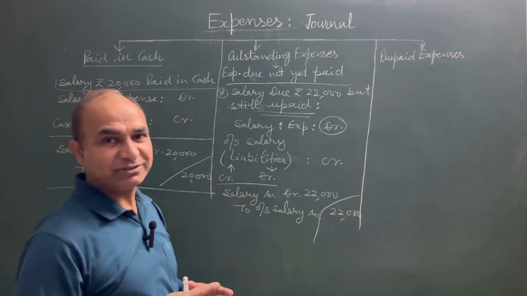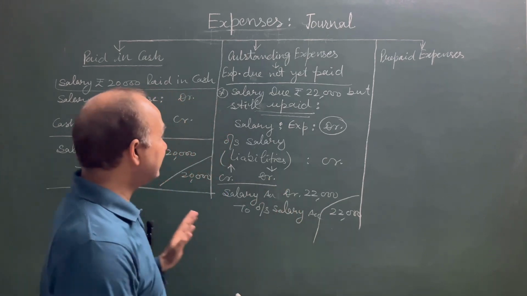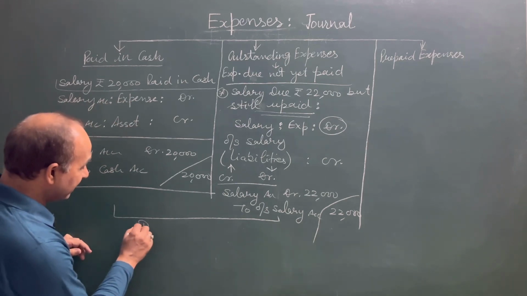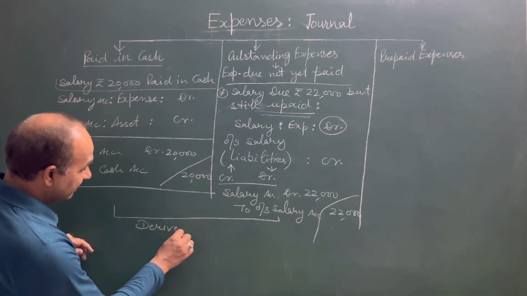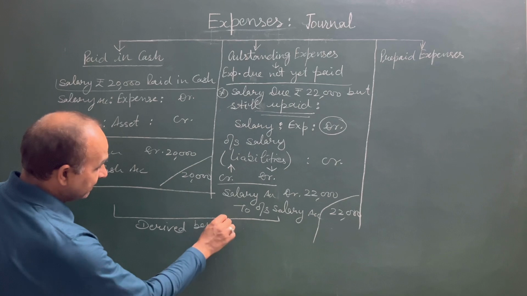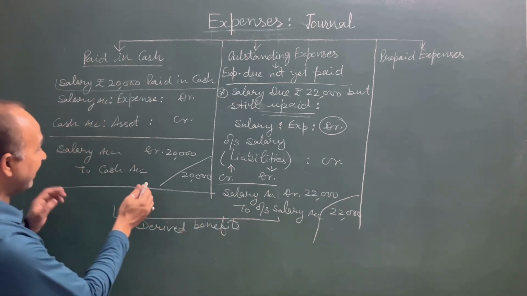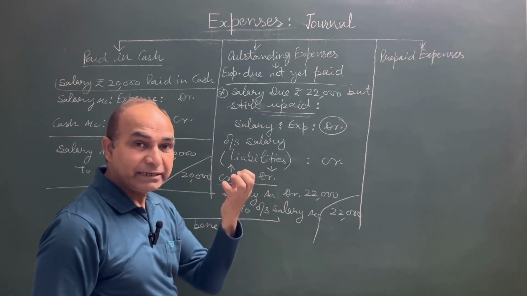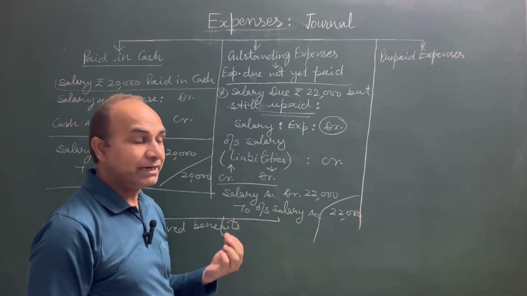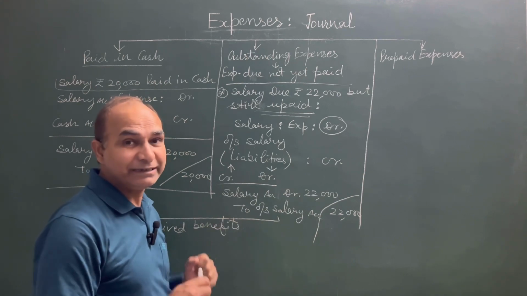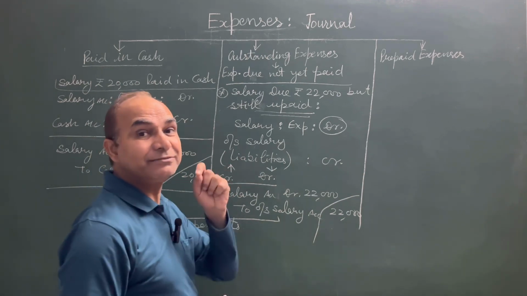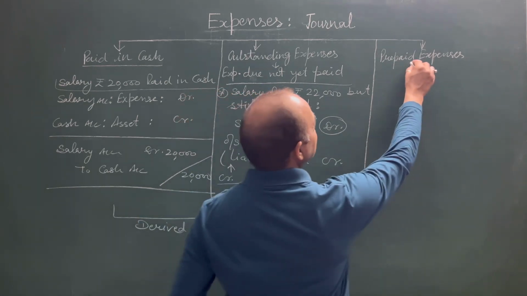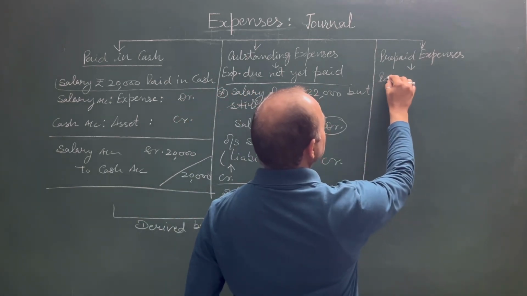Now the third case, friends. In the first two cases, you must remember, we have derived the benefit of the expenses. It means the expenses for which we have made payment or are likely to make payment, we have taken the benefit of these expenses, and these expenses belong to the current year. But the third case is a little bit different. Prepaid expenses. Prepaid simply means paid in advance.